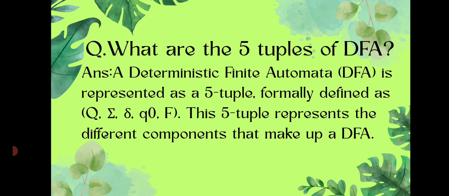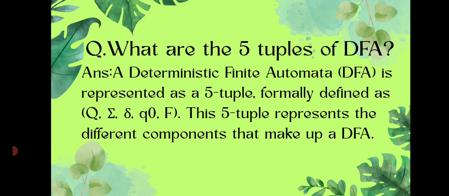Next, very important question, what are the 5 tuples of DFA? This is a theory question. It's very important and easy question. So, a deterministic finite automata, that is DFA, is represented as a 5 tuple, formally defined as capital Q, summation, delta, Q node and F, right?